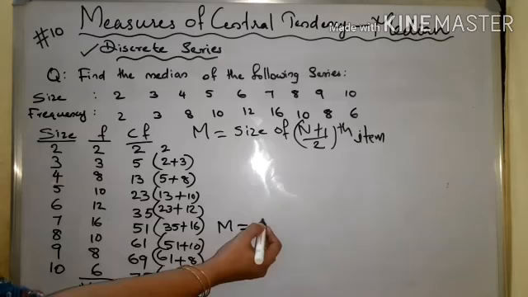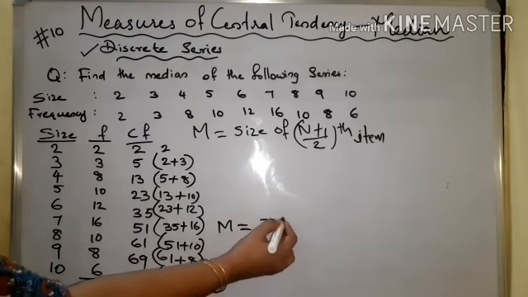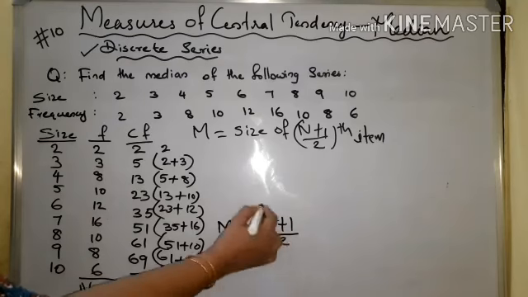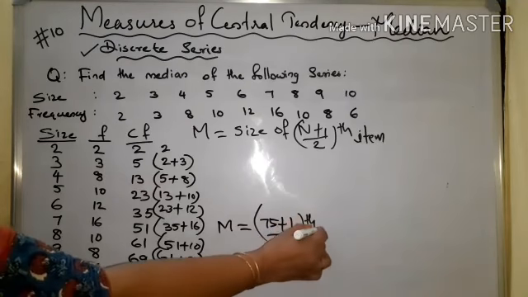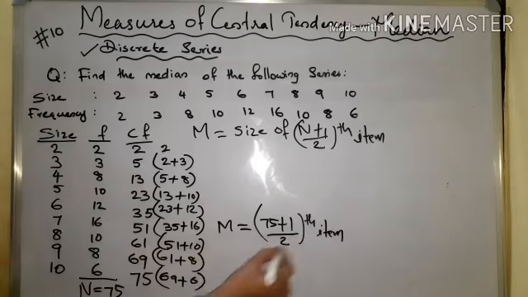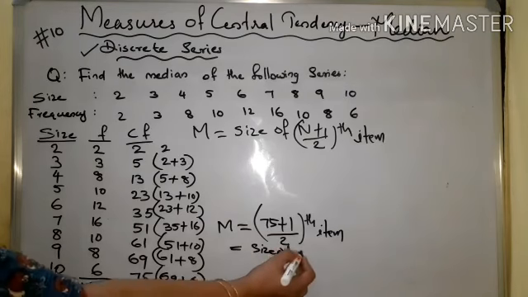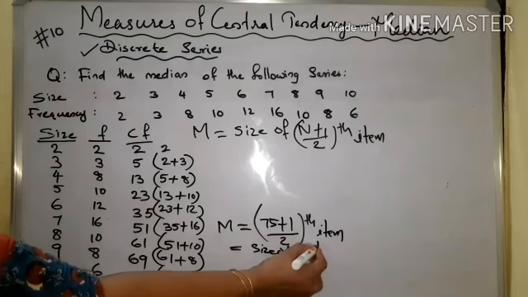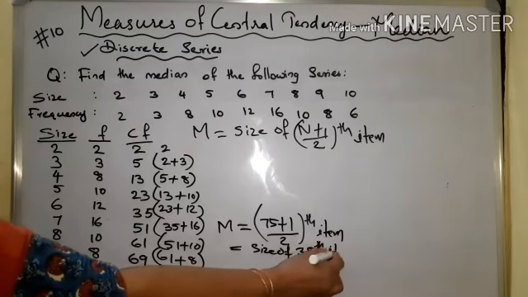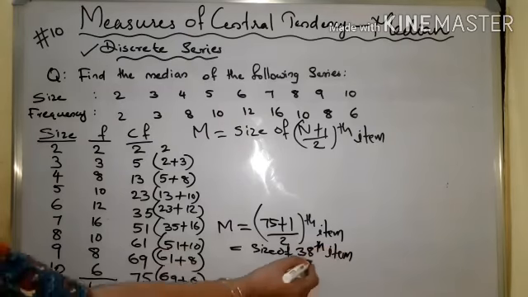Then size of (n plus 1) by 2 the item means (75 plus 1) by 2 item, is equal to 75 plus 1, that is 76 divided by 2. 76 divided by 2 the item means size of the 38th item.